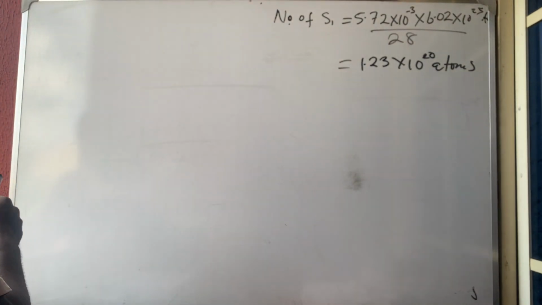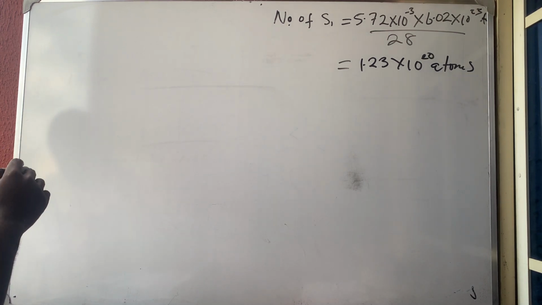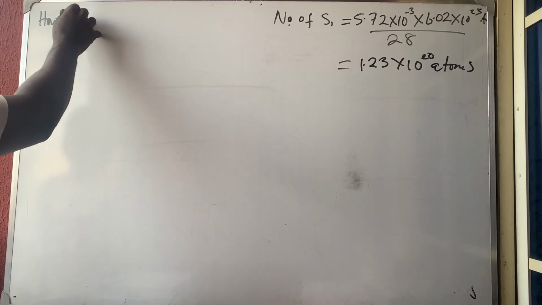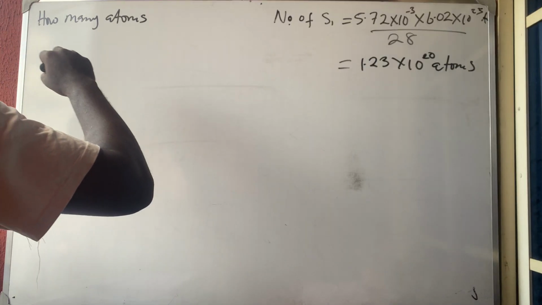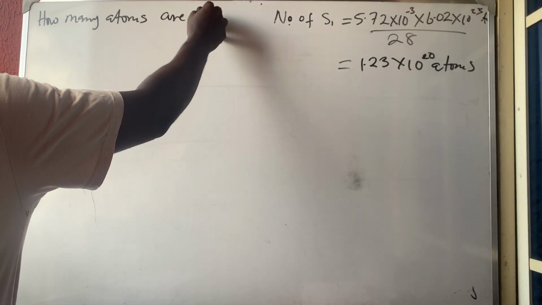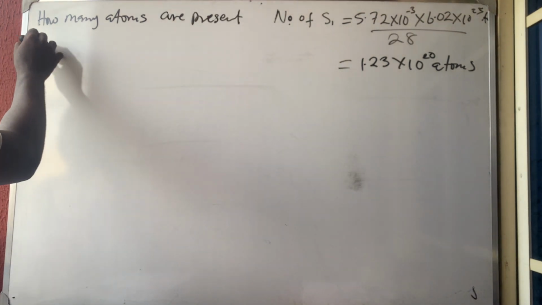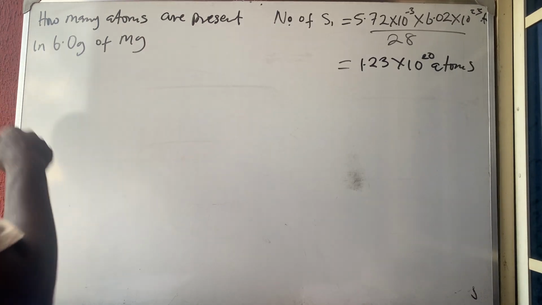The next question said: how many atoms are present in 6.0 gram of magnesium?